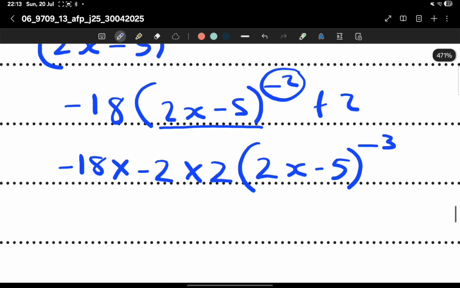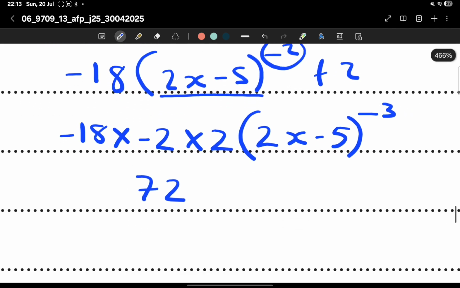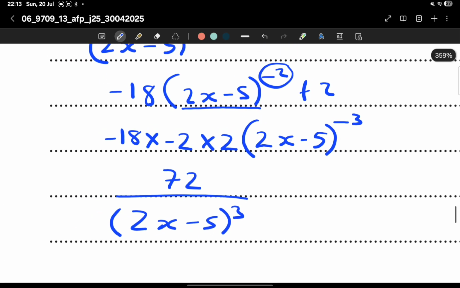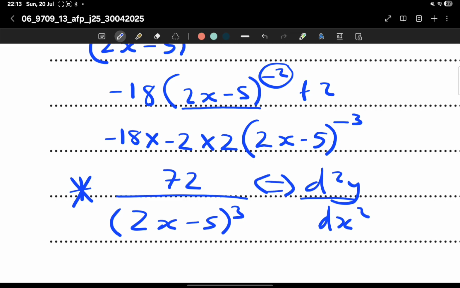Then that should give us 18 times 2, 36 times 2, 72 over (2x minus 5) cubed. And this is our d squared y over dx squared, the second derivative.